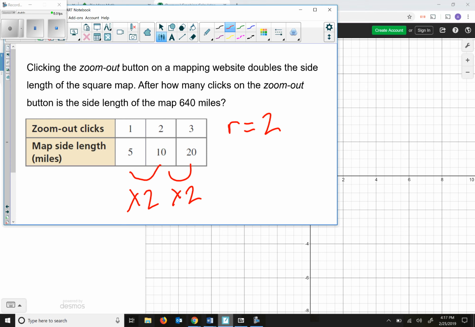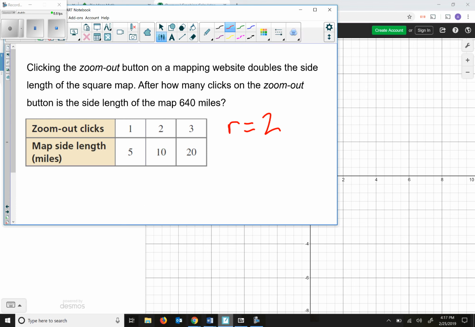Now, one of the last things that we talked about today was the formula for a geometric sequence. And that formula, if we just want to recall really quickly, I'm going to erase this so that I can write down our formula.